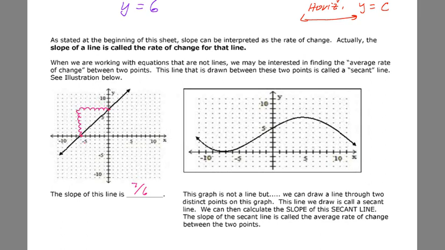Let me see, what is this value? That's a negative 6. Oh, and that's a positive 6. Oops, so it's 6 over 6. Come on, Kim. It's a rising line, so it's positive, and I just must have messed up my counting. So it should be 6 over 6.